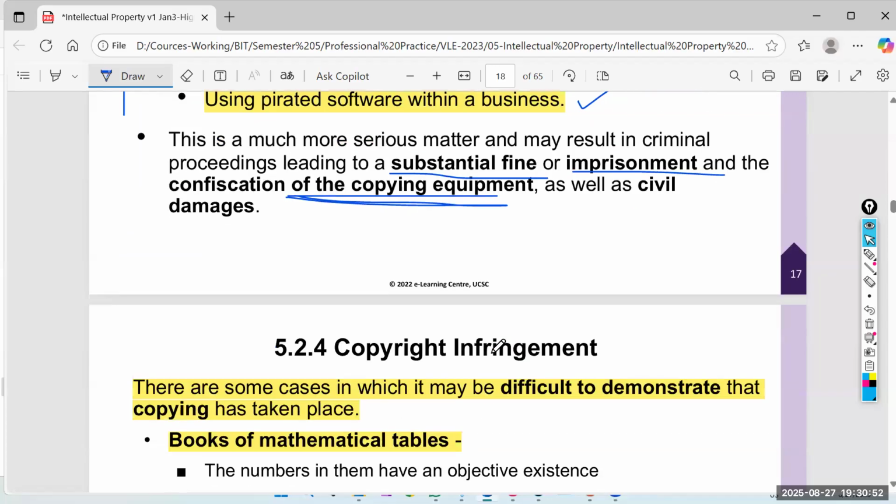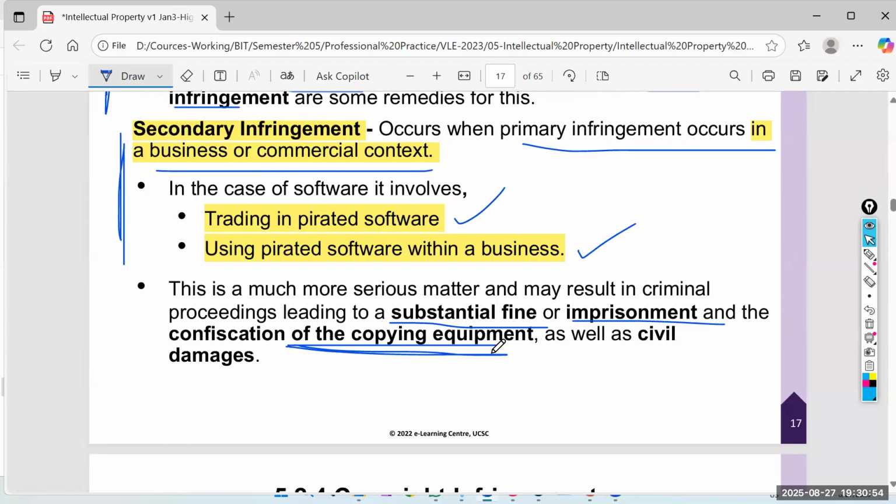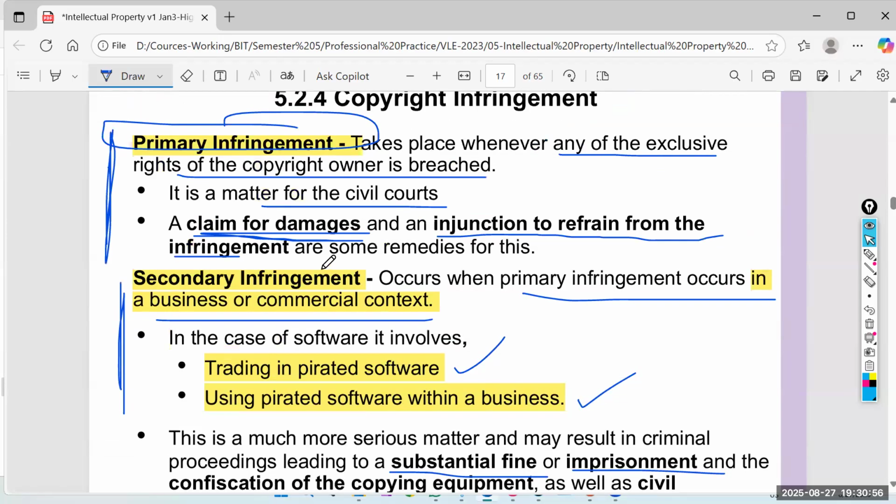So this is again secondary infringement. In some cases, secondary infringement is considered a criminal offense because this is done in commercial aspects. Therefore, in some cases, secondary infringement can be more severe than primary infringement. Primary is more civil, but secondary can sometimes be more commercial, so it can be a criminal case.